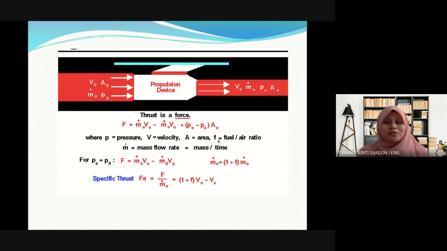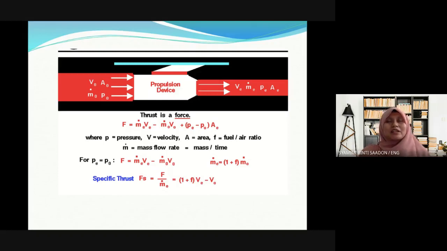We start by applying the conservation of momentum, the second conservation law, which actually involves Newton's second law.